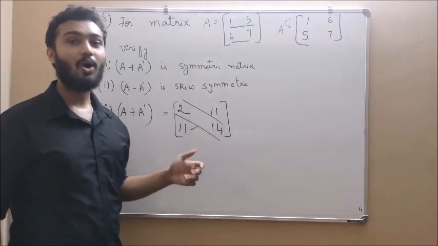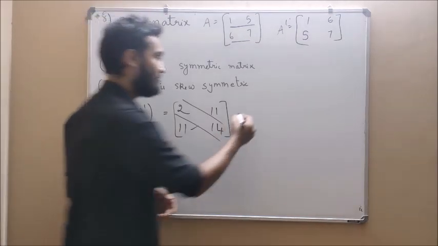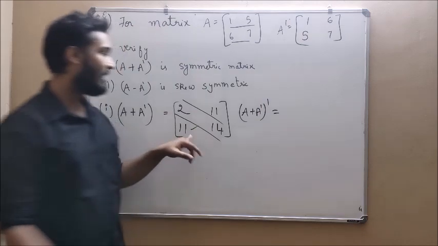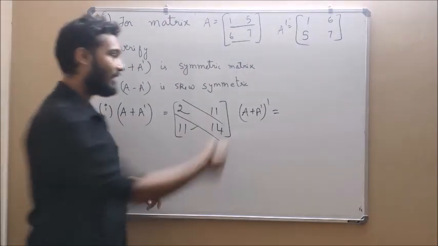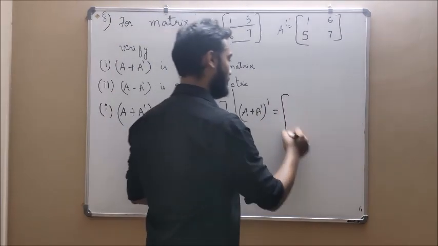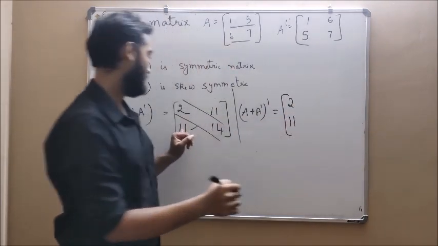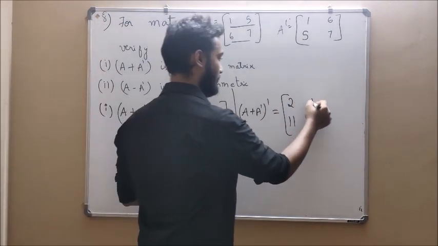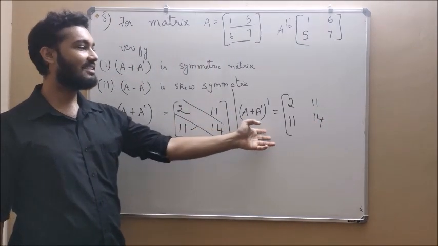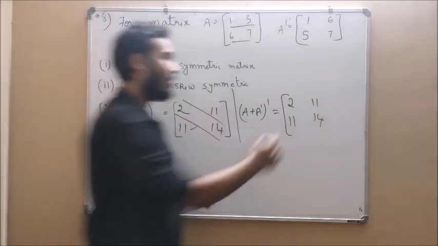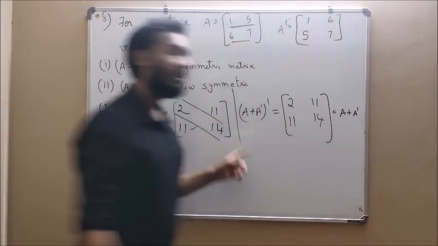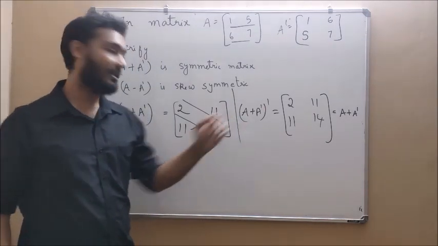Or you can take its transpose, A plus A dash transpose. Write the row as column, 2, 11, 11, 14. So it is definitely same as the original matrix. Therefore, A plus A dash is symmetric.